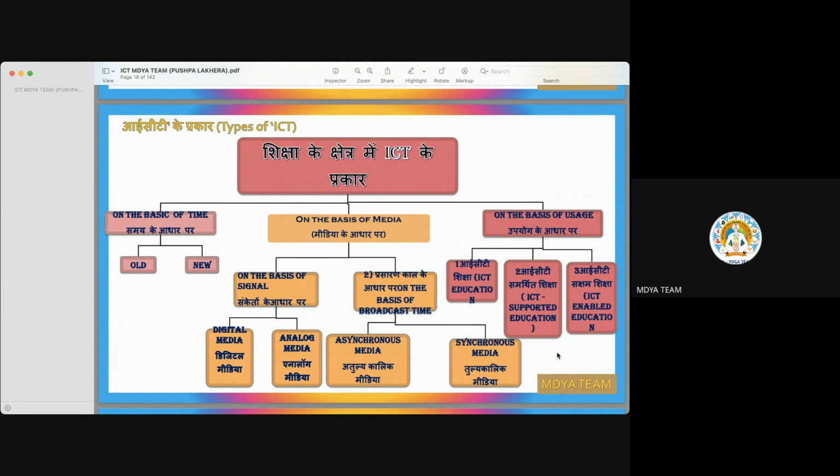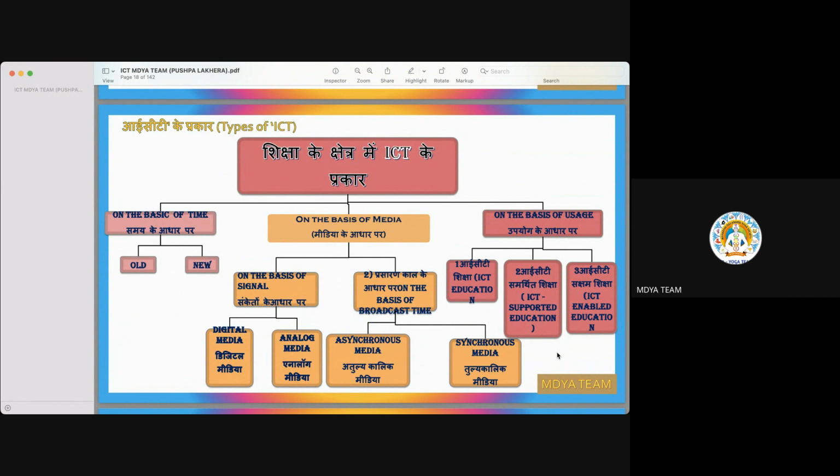Please note down the types of ICT: on the basis of time, on the basis of media, and on the basis of usage. On the basis of time, this is old and new. What are the old equipments used? What are the new ones?